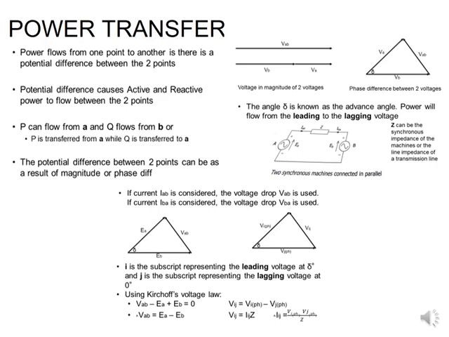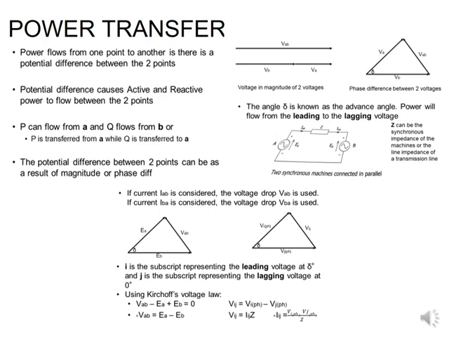Then looking at the triangle on the right hand side in the same pop-up, I've now replaced my EA, my EB and my VAB with VI, VJ as well as VIJ. So my VI, where I have an I, represents my leading voltage. And where I have a J, it represents my lagging voltage, which I usually reference to be sitting at 0.